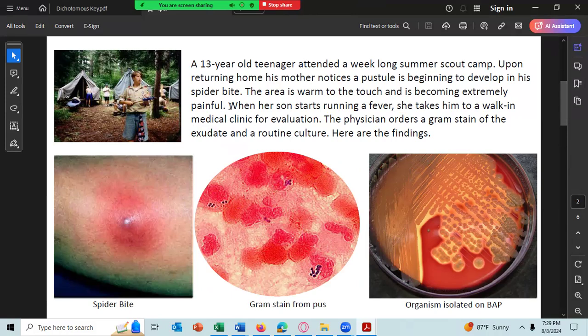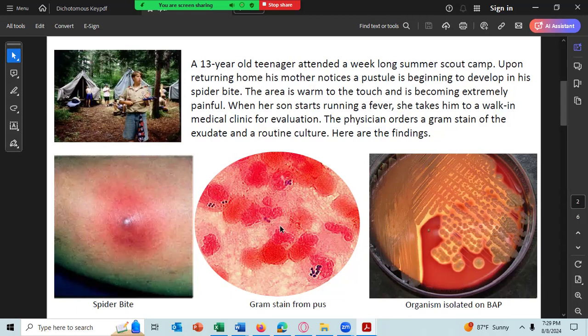Upon returning home, his mother notices a pustule is beginning to develop in his spider bite. The area of his arm is warm to the touch and becoming extremely painful. When her son starts running a fever, she takes him to a walk-in medical clinic for evaluation. The physician orders a gram stain of the exudate and a routine culture. Here are the findings of this test.